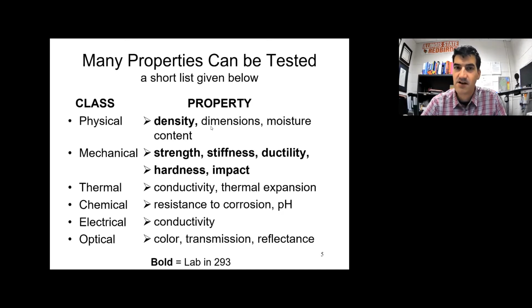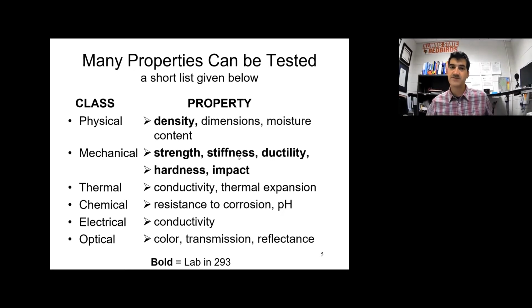All right, here are some properties that can be tested. This is certainly not an exhaustive list, but we can divide the tests that we do into a bunch of different classes. Like we can test for physical properties and mechanical properties, thermal, chemical, electrical, optical properties. We don't have time for all of these tests in 293.